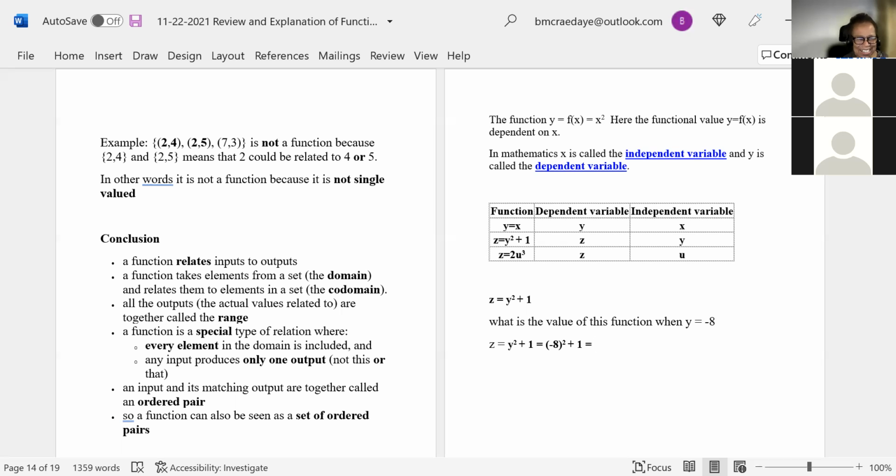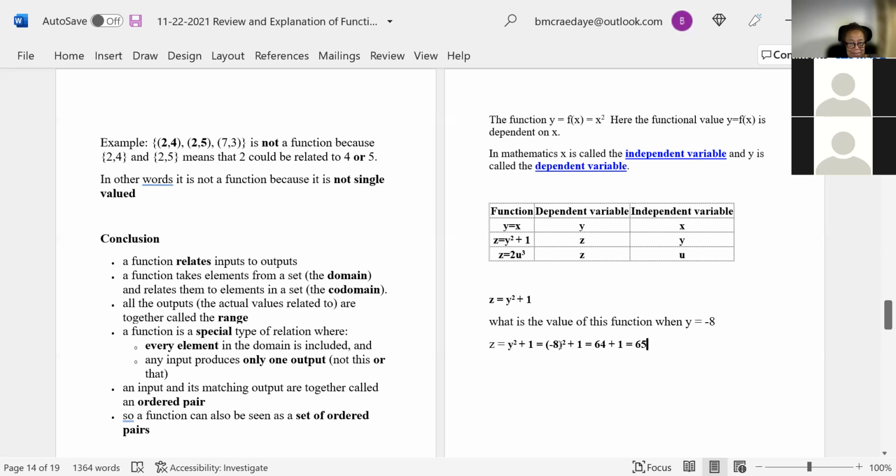Multiplication, not that. Yes, exactly. What's a minus 8 times a minus 8? 64. 64, right? So that would be 64 plus 1. And what's that equal to? 65. 65. So wherever you see that Y, you want to put a minus 8, Audrey.